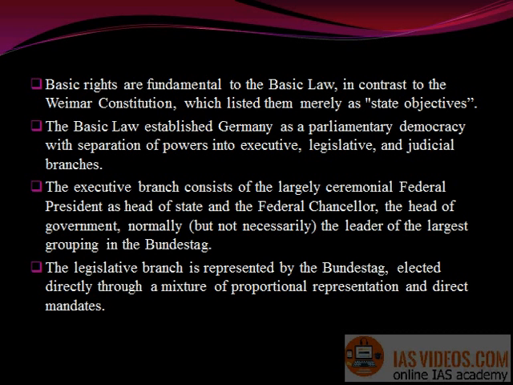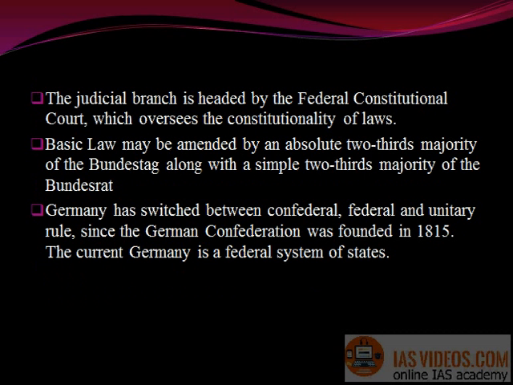The legislative branch is represented by the Bundestag, elected directly through a mixture of proportional representation and direct mandates. The judicial branch is headed by the Federal Constitutional Court, which oversees the constitutionality of laws.